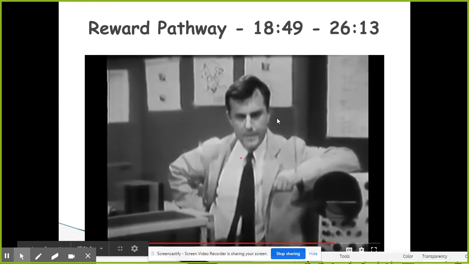And when the rat presses a lever, it stimulates that area of the brain, giving it that rewarding feeling. Okay, and so they want to see here, what is the rat willing to go through to get that rewarding feeling.